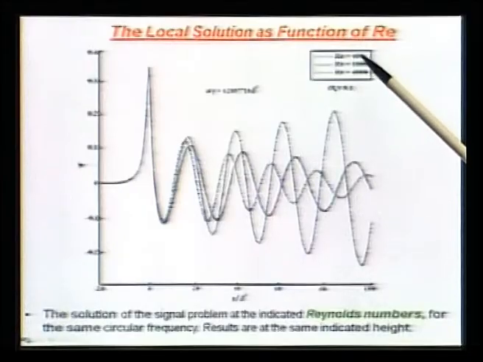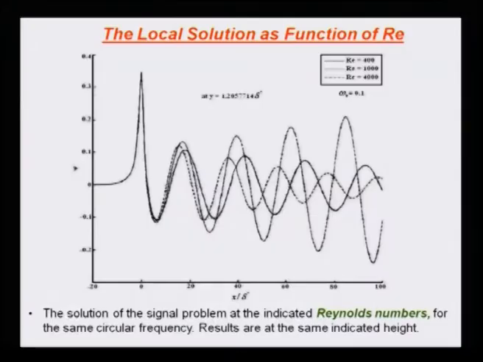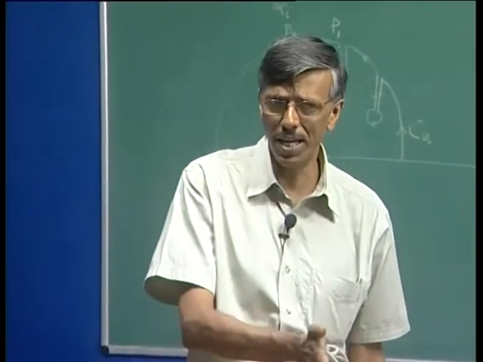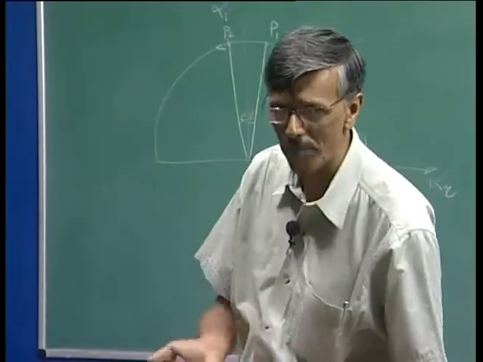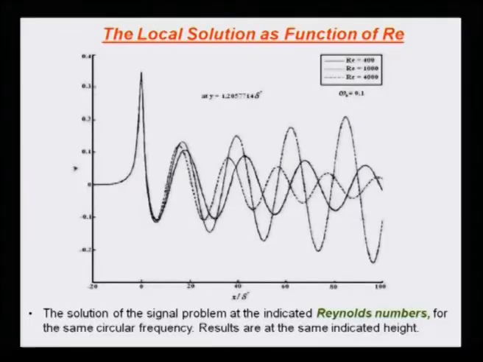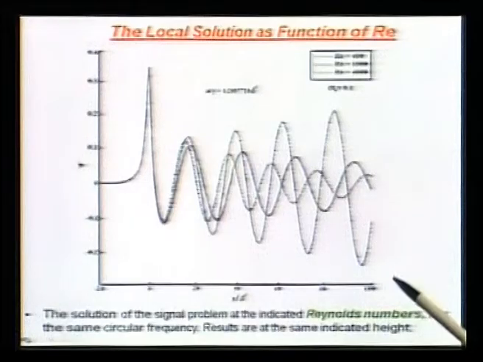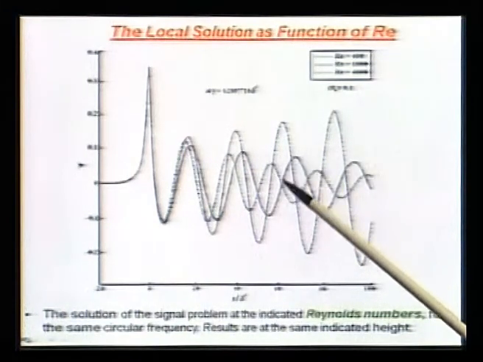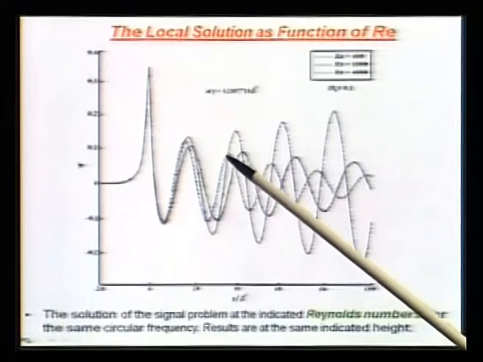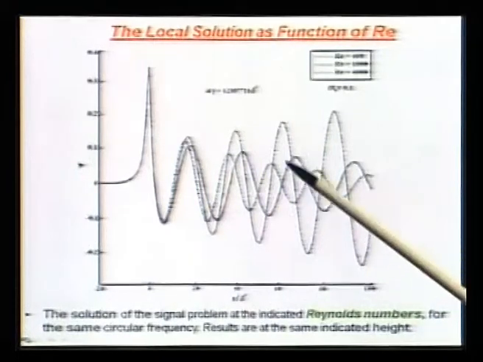Why did you choose these 3 numbers? For 400, what do you expect? It's below the R critical. So the disturbance should be damped. And that's what you are seeing, that this is that 400 solution. It is decaying.